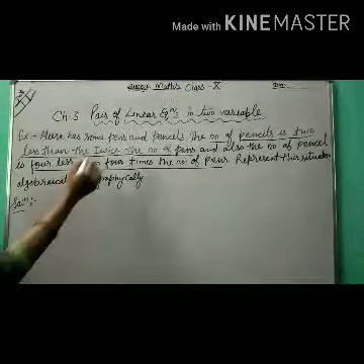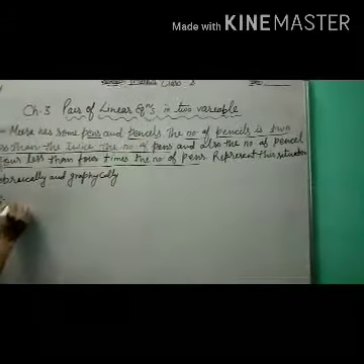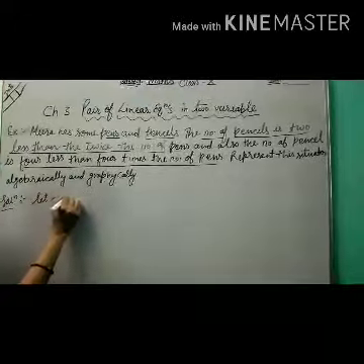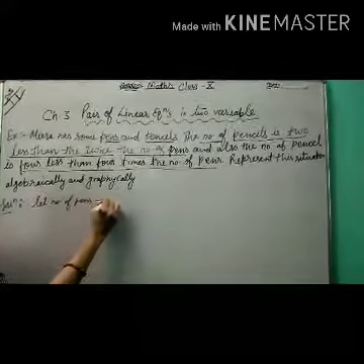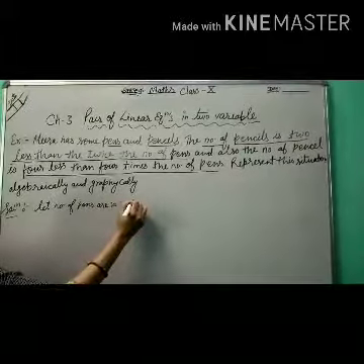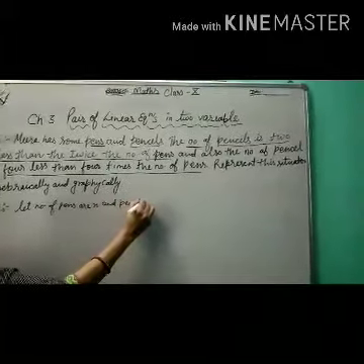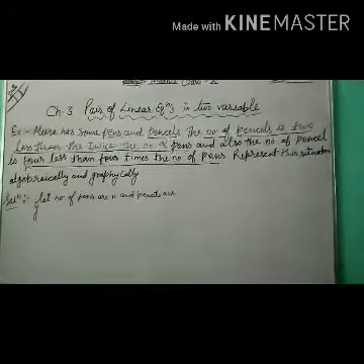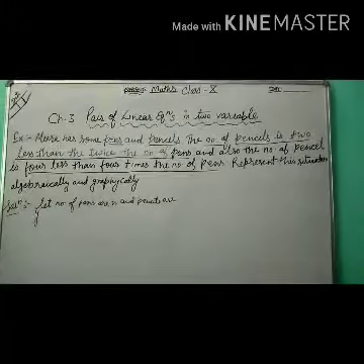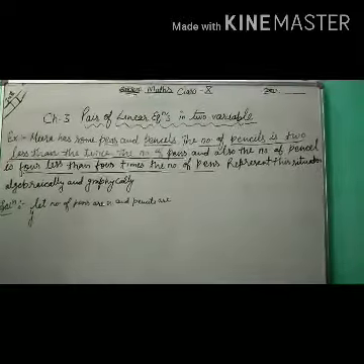Students, we have some pens and pencils. Now we will let the number of pens be x and pencils be y. Now according to the conditions, what is given?